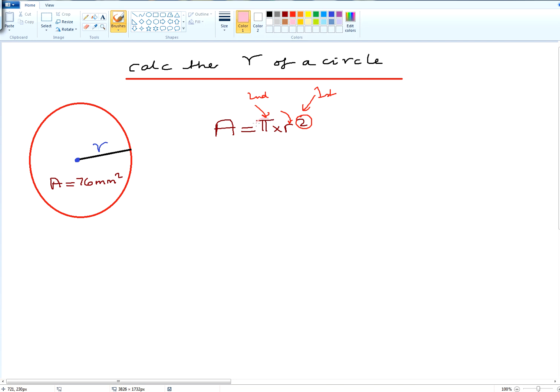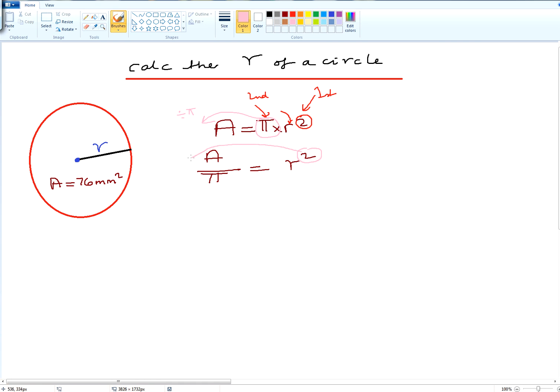So we grab the times by pi, take it to the other side, and it becomes a divide by pi. So we have the area divided by pi is equal to the radius squared. Now, we need to move the squared over. So, Khadija, I move the squared over.